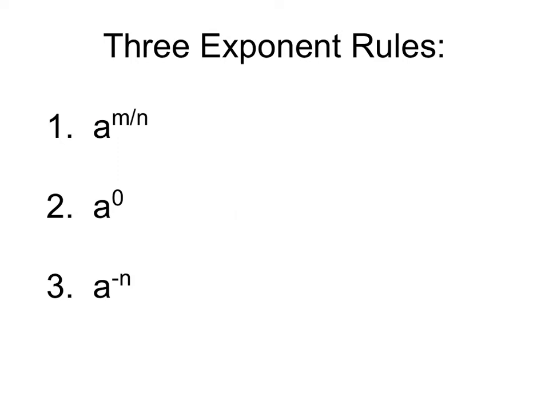So 3 rules of exponents that you must know for this unit. If we have a to the m over n power, that is the same as the nth root of a to the m power. If we have something to the 0 power, anything to the 0 power is always equal to 1. Doesn't matter what that is.